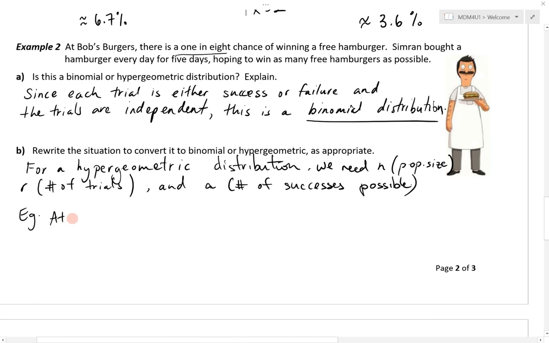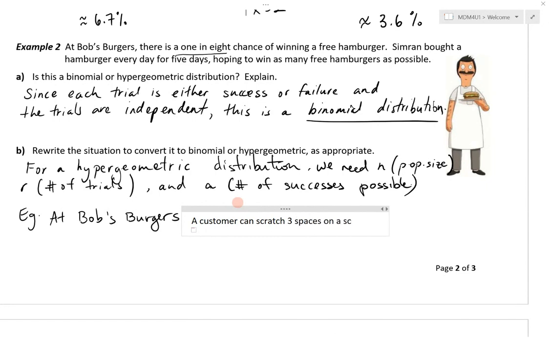So at Bob's Burgers, in fact, maybe I can type this out to be more efficient. Here we go. A customer scratches 3 spaces on a scratch card with 9 spaces.